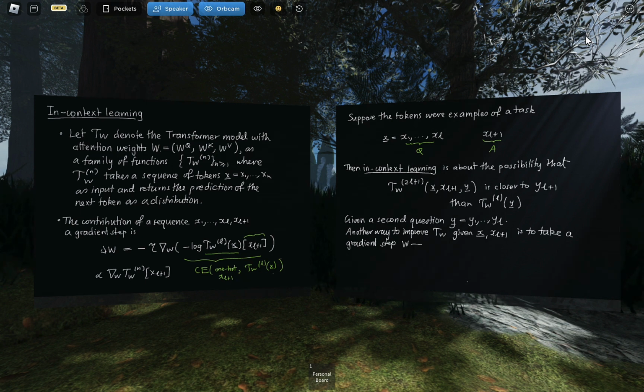That is, change W to W plus delta W, and then use W plus delta W to make your prediction.